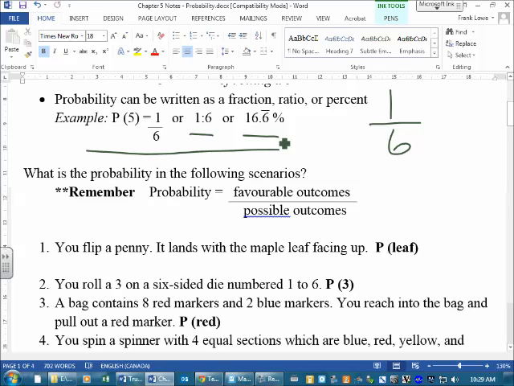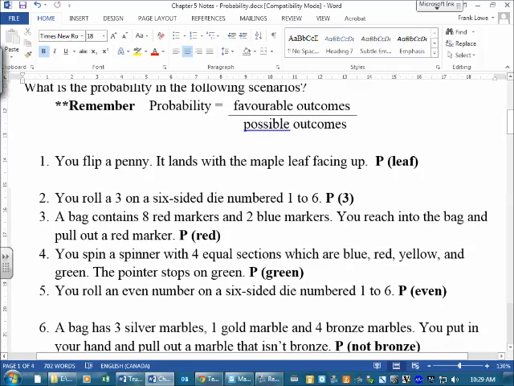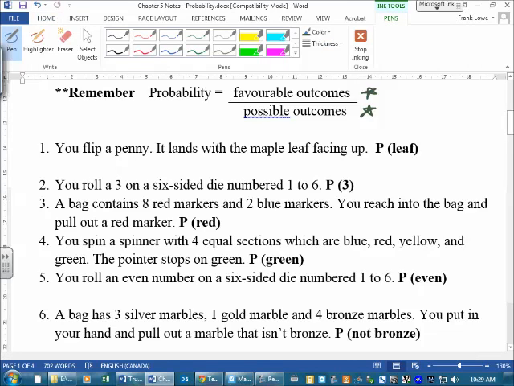Okay, so let's look at some example questions. And remember, how you calculate probability is favorable outcomes, the top number, over possible outcomes, your bottom number.